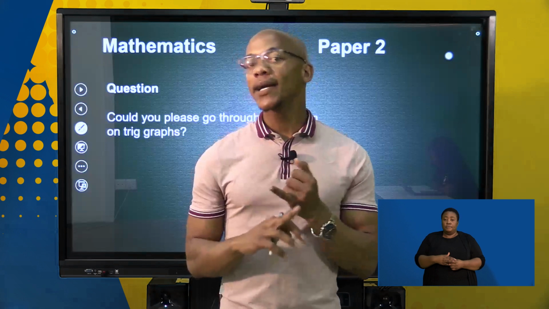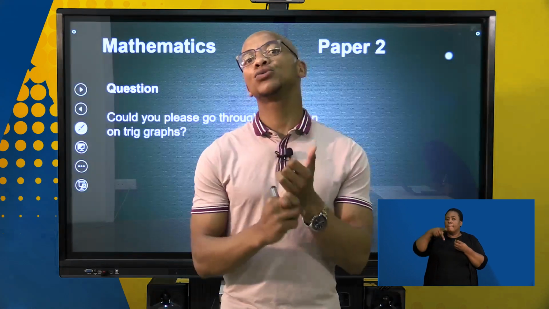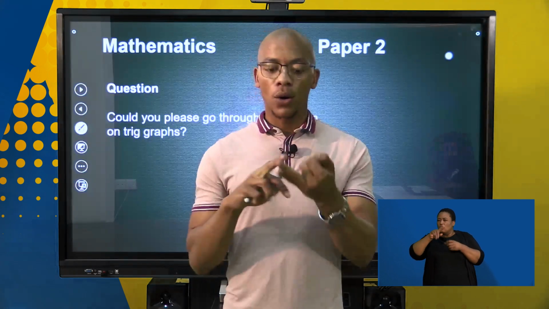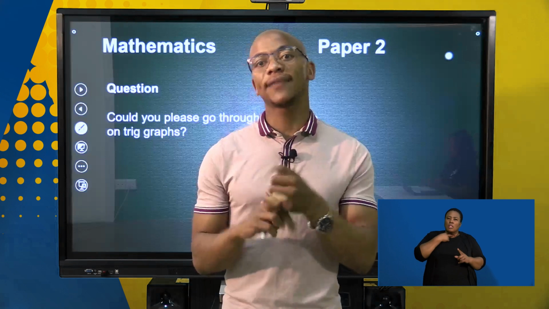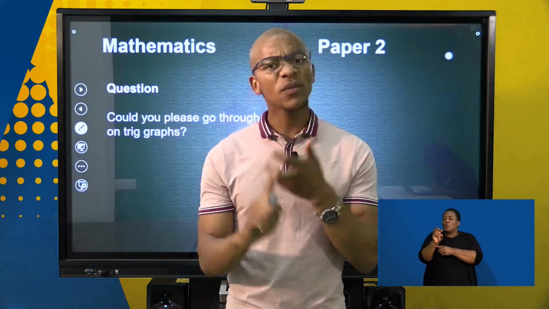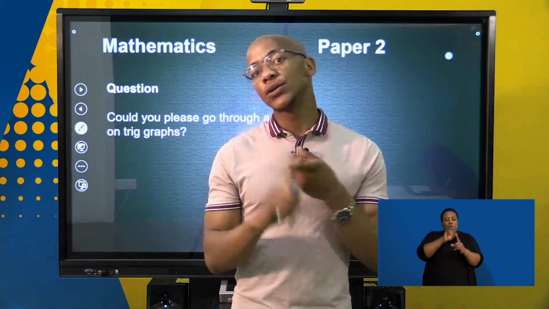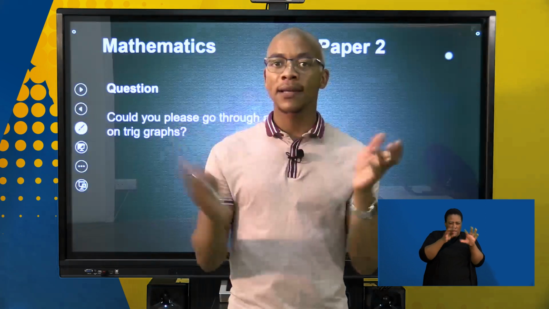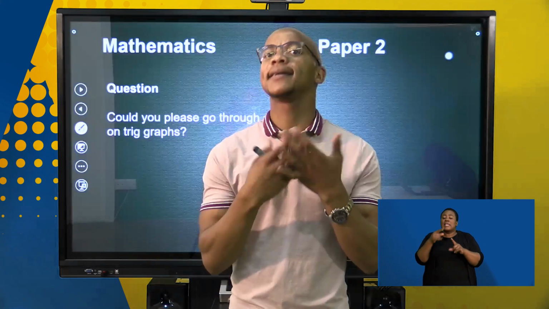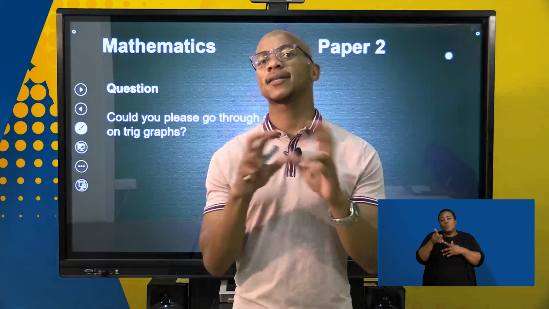One, you need to know things about your amplitude, because that makes you know how to determine your range for that function. Also, the restriction that you are given, which will always be our domain because it's always given to us. Also, how to interpret the graph. And then lastly, you need to know how to look at lengths when they ask you to find a length on that particular graph. So those are just the few pointers that you need to look at.